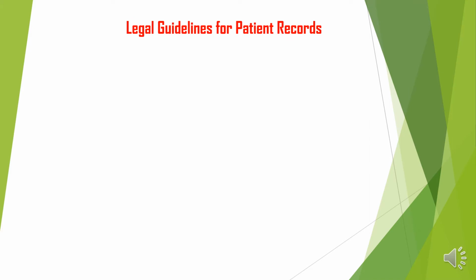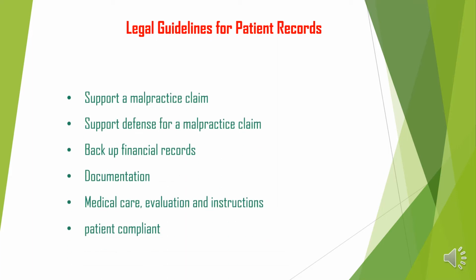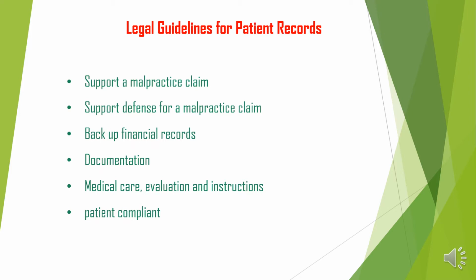Again, it's a legal source, as we said before. A rich legal source of information. So what are the legal guidelines for the patient record? It supports a malpractice claim. We can know who did something wrong from the medical record and what the wrong issue was. Again, it supports a defense for the malpractice claim.